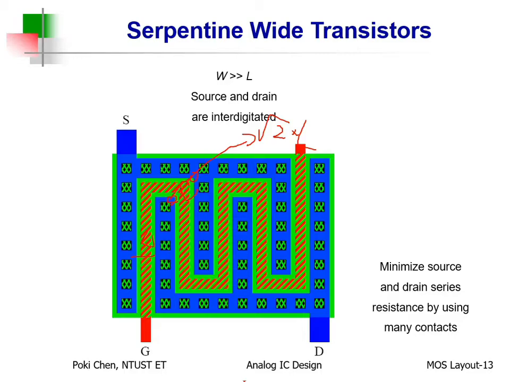Okay? Yeah, after such kind of layout, your EDA tool will help you to extract the equivalent W and L. That's it. But what is the problem? After extraction, the W is not what I think. So you need to redo the layout. It is too troublesome. Okay?